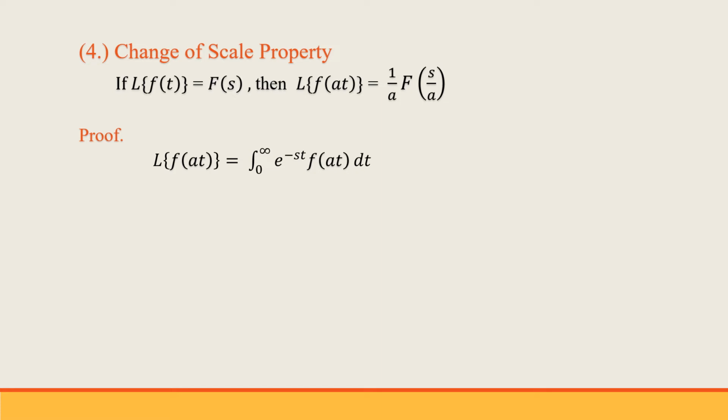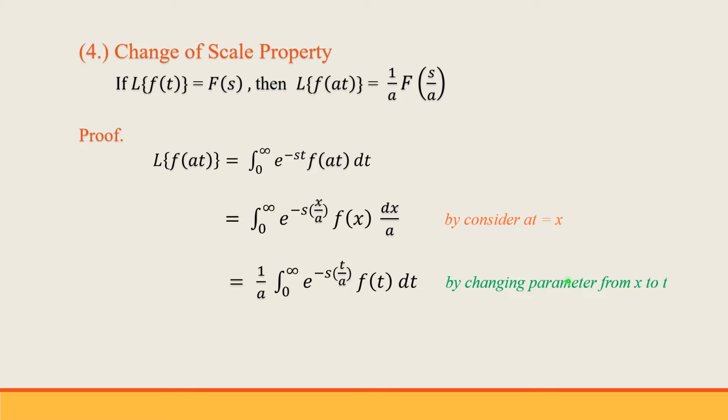of f(at), we can write it as integral 0 to infinity e raised to the power minus st into f(at) dt. Now let's consider at equal to x. So we can write it as integral 0 to infinity e raised to the power minus s into x by a into f(x) dx by a.